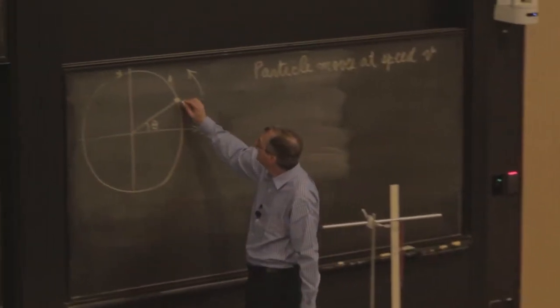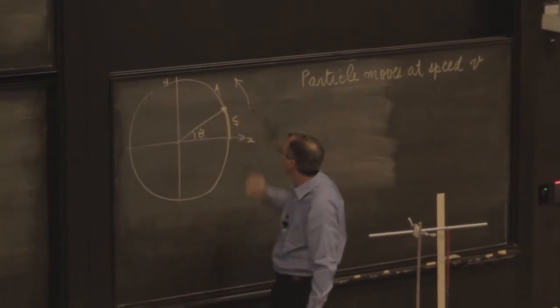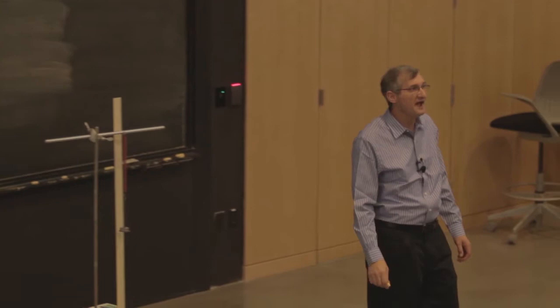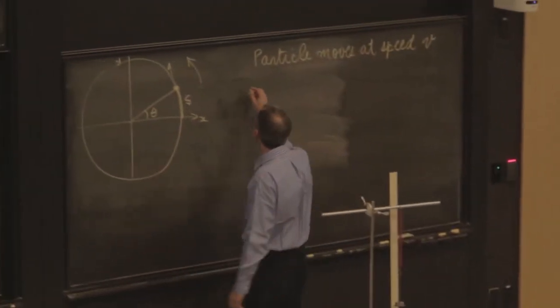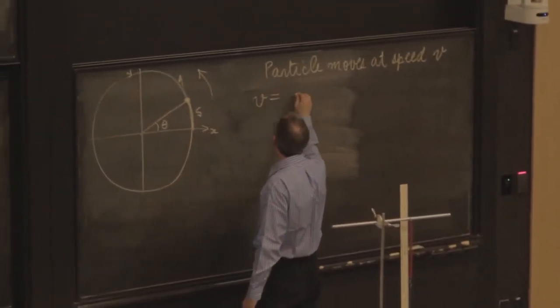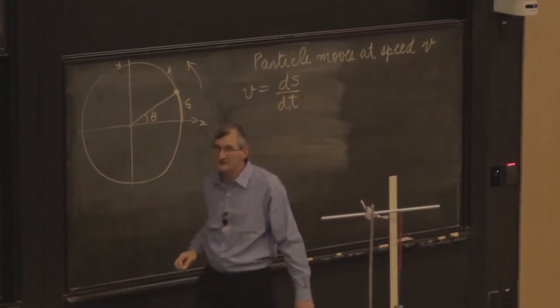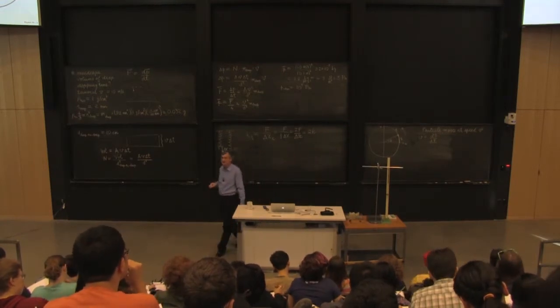The particle moves around the circumference of a circle. I could say that arc length is s. In terms of s, what is the speed? Would it be the change in s over the change in time? Okay, v would be equal to the change in the arc length over the change in time, the derivative of the arc length. Are we good with that?